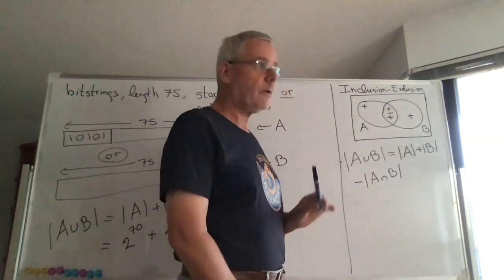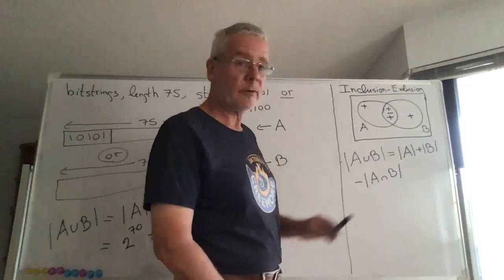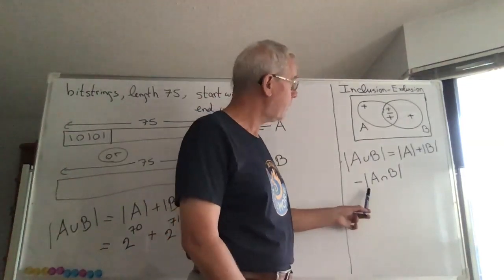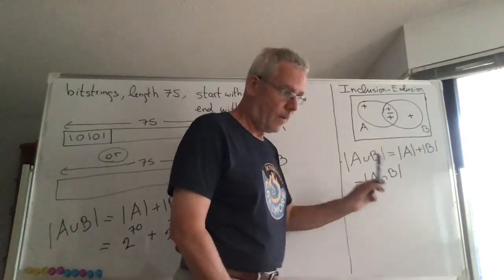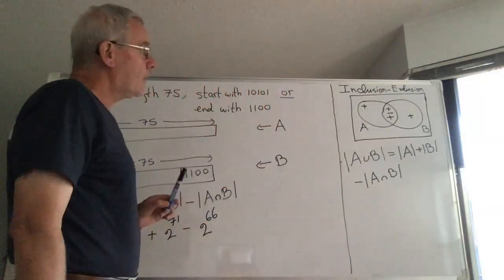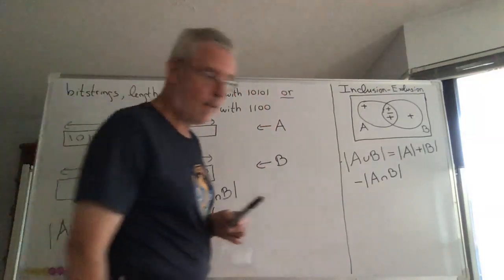So if A and B are disjoint, then this formula is really the sum rule. Again, if A and B do not share elements, then this is 0. So this is inclusion-exclusion for 2 sets.